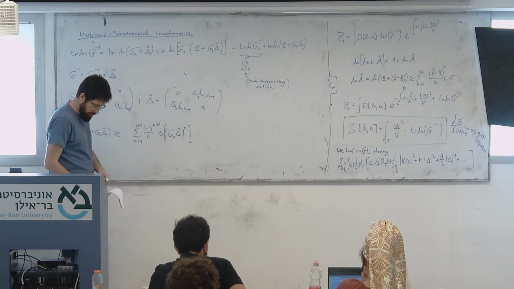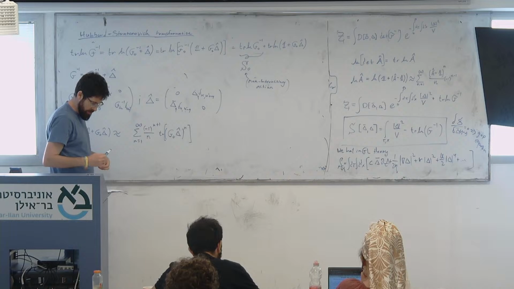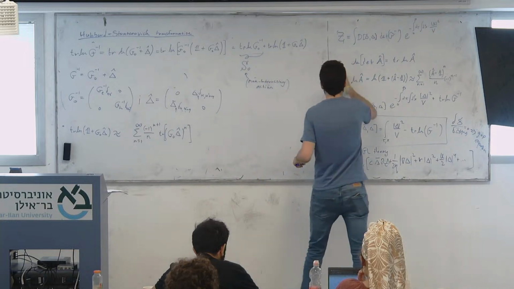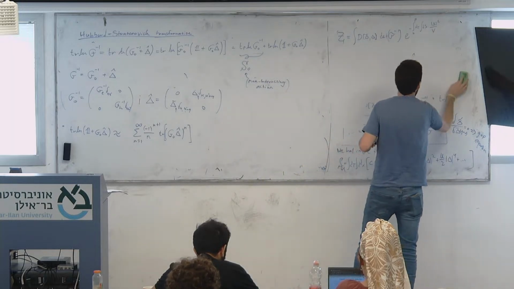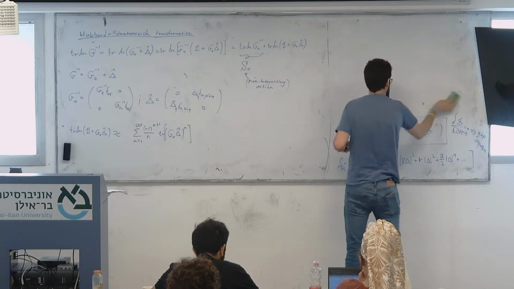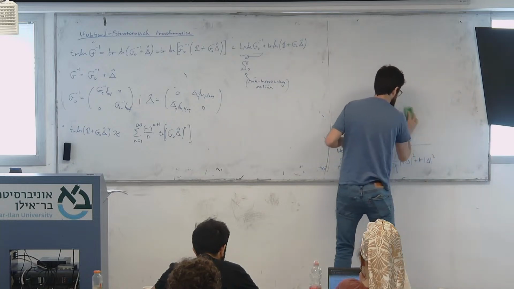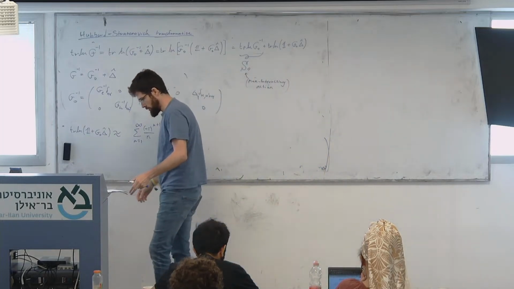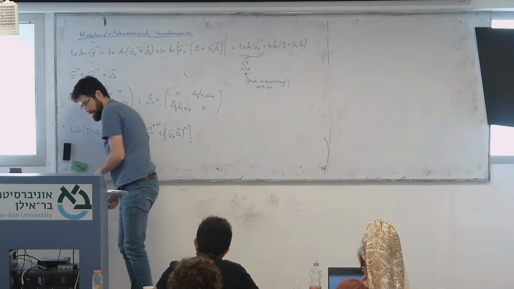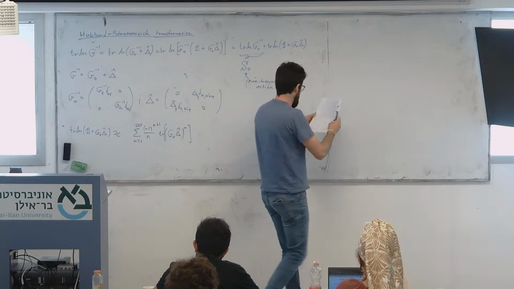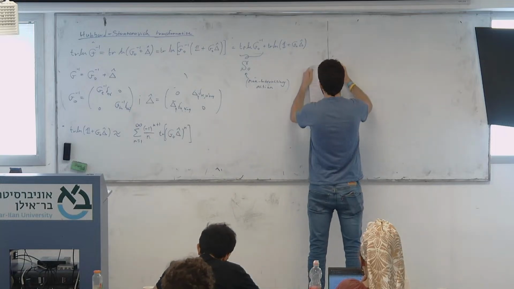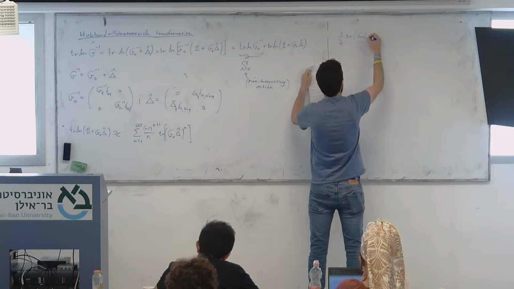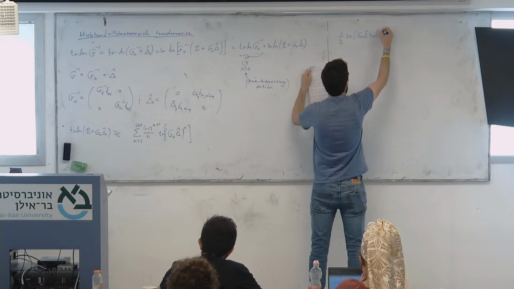So let's talk about how to do this trace. Okay. So, for example, 1/2 trace of G naught delta, G naught delta.